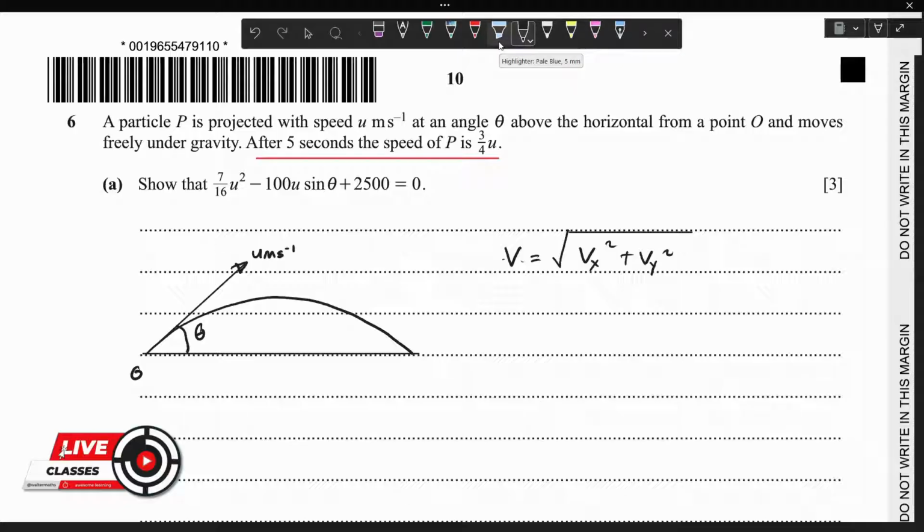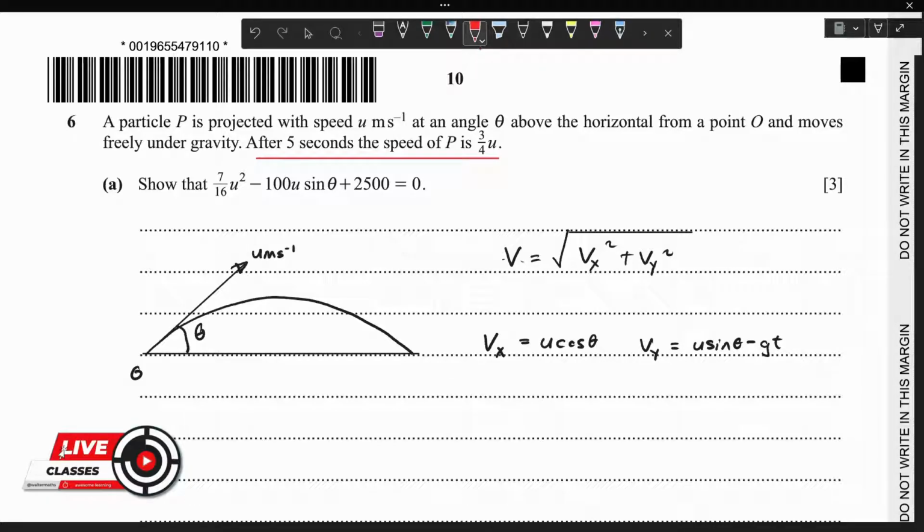Now, the horizontal component of speed is the same throughout the motion. It's the same as the initial one, which was u cos theta. And for Vy, we can use u sine theta minus gt.